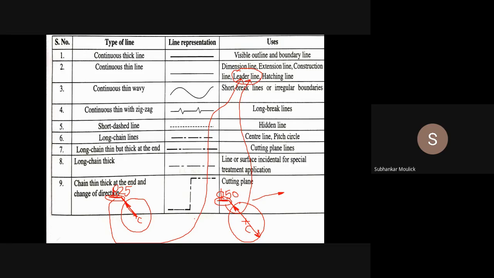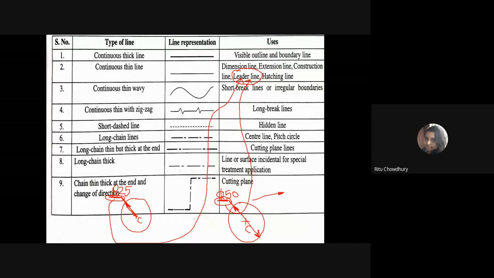So whenever in a drawing any circular dimension is given, you have to give the dimension like this. Any doubt so far?